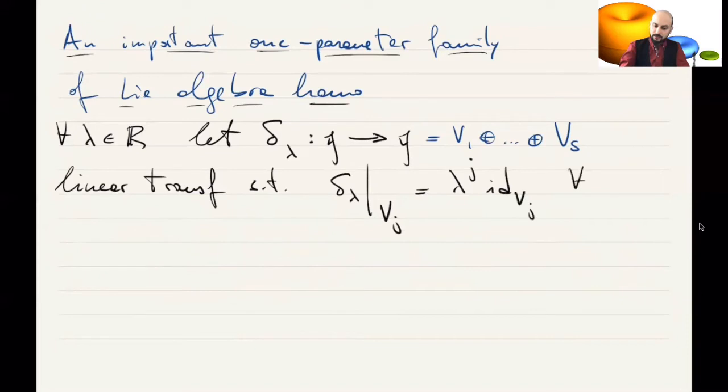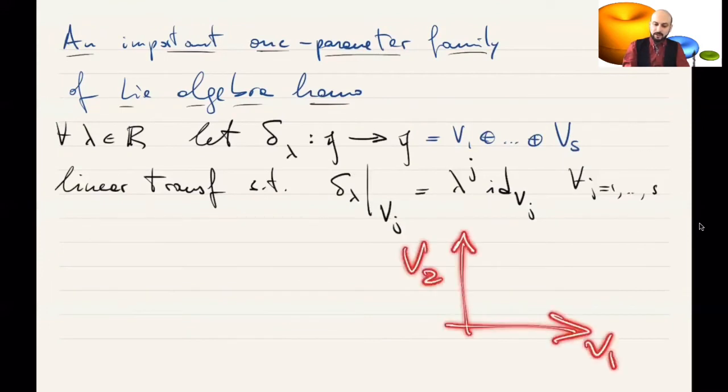This is for all j from 1 to s. So in other words, if this is V1 and this is V2, then a vector has the component along V1 stretched by λ and the component along V2 stretched by λ squared.